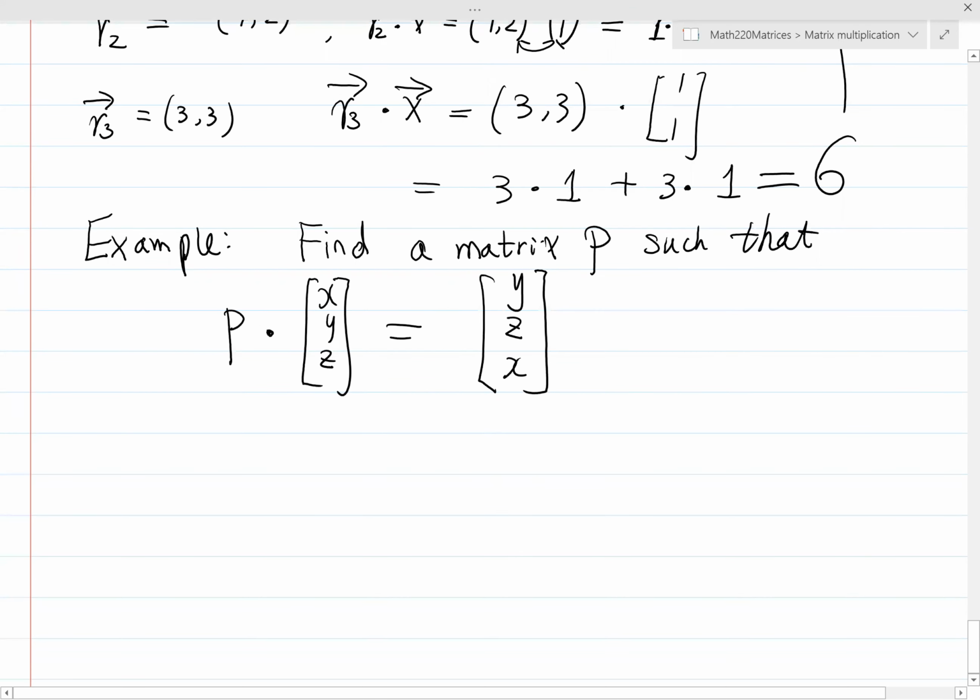You see what happens under this operation P? If you write it in this manner, we input XYZ, and under the operation P, we output YZX.